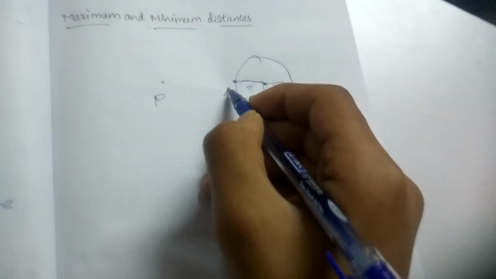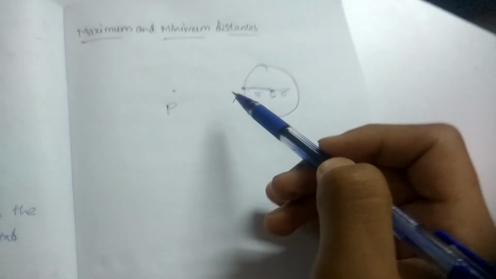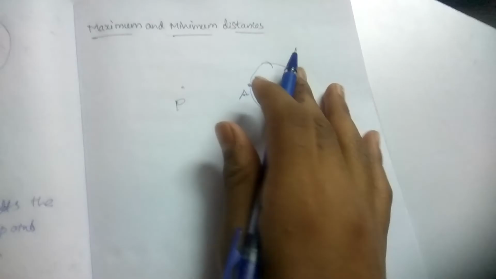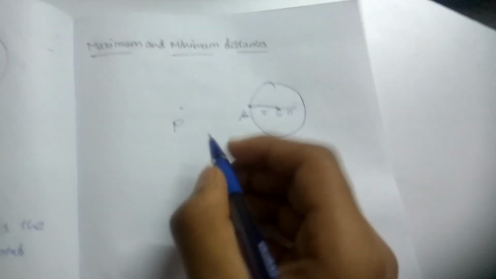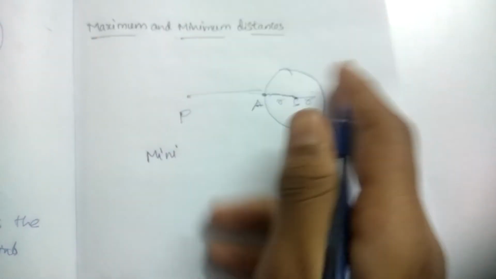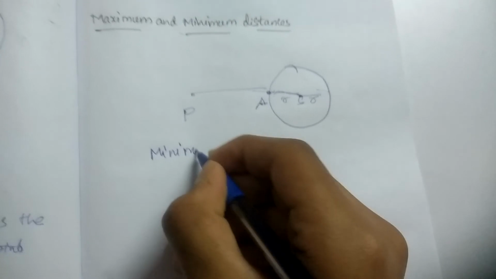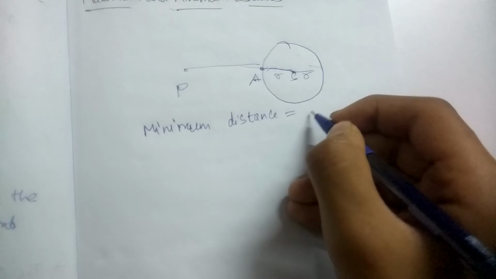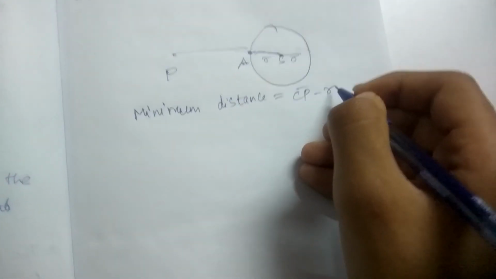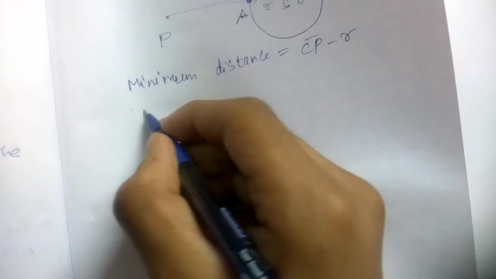Now we have to find the minimum and maximum distances between the circle and P. The minimum distance is equal to CP minus R, and the maximum distance is equal to CP plus R.